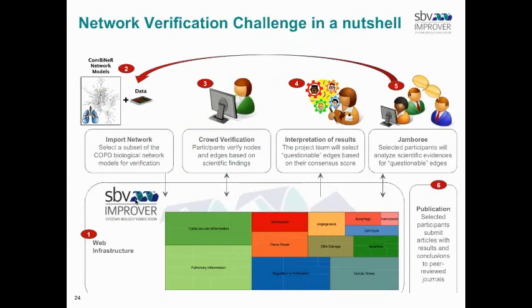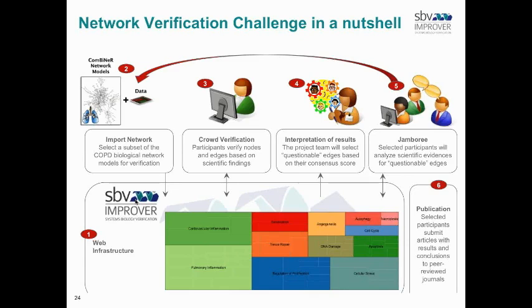Network verification challenge in a nutshell. As I mentioned, the networks were built by Selventa scientists in collaboration with PMI scientists based on the literature identified by Selventa and PMI scientists, and using the transcriptional profiling data from appropriate data sets and using the huge knowledge base that Selventa has.